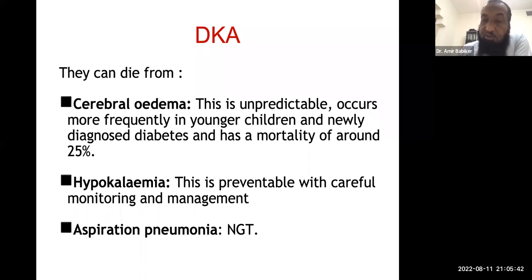And the monitoring, of course, with glucose: you have to do blood glucose hourly at least, maybe more frequent at the beginning. Electrolytes and renal function at least 2 hourly, and blood gas between 2 to 4 hours.